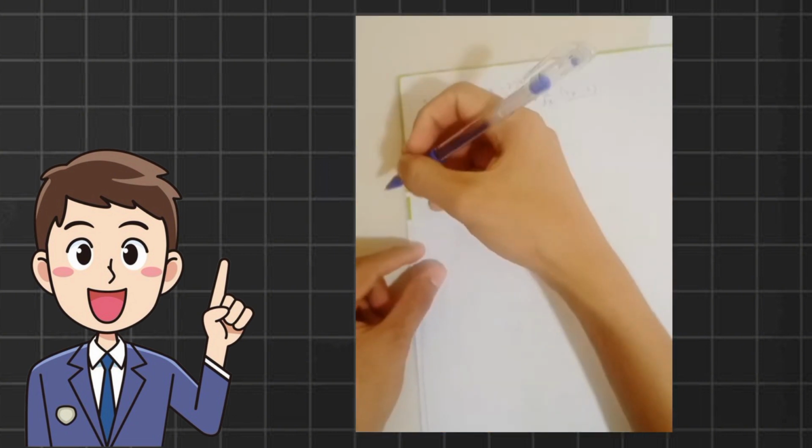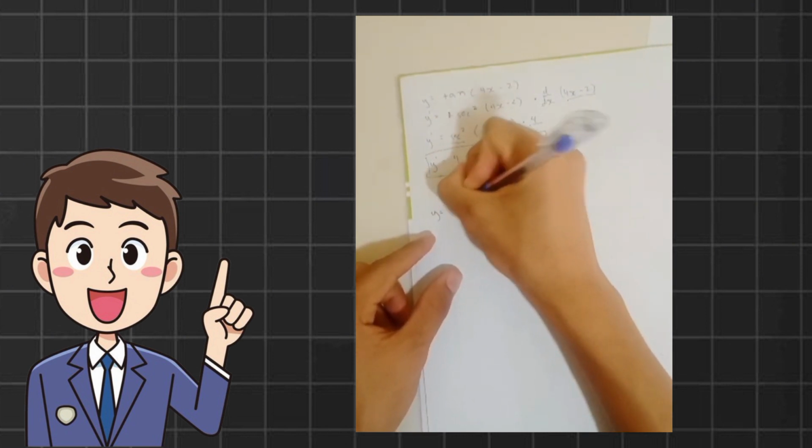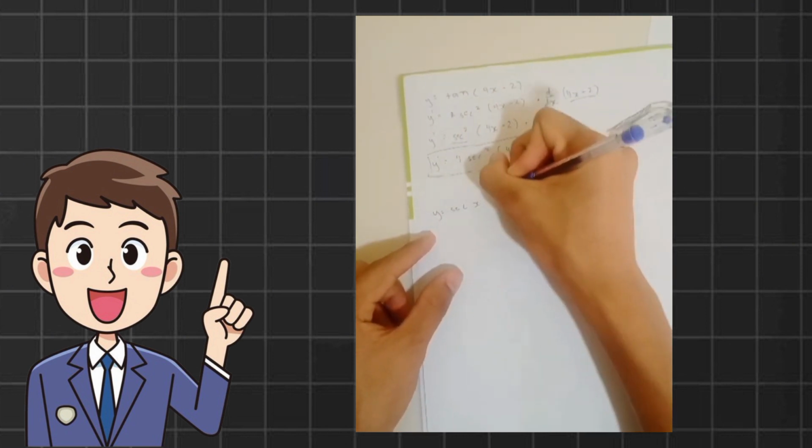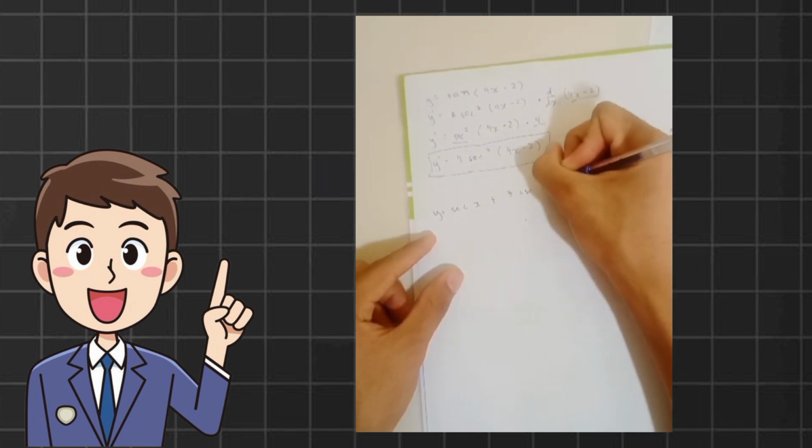Now let's move on to the next example. Y is equal to secant x plus 3 cosecant x.